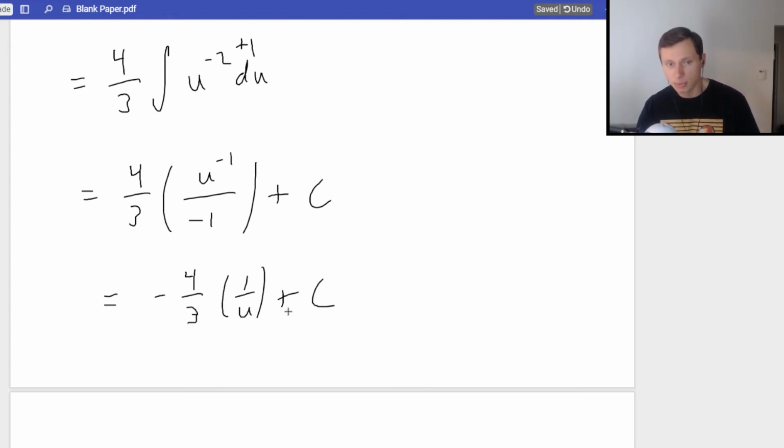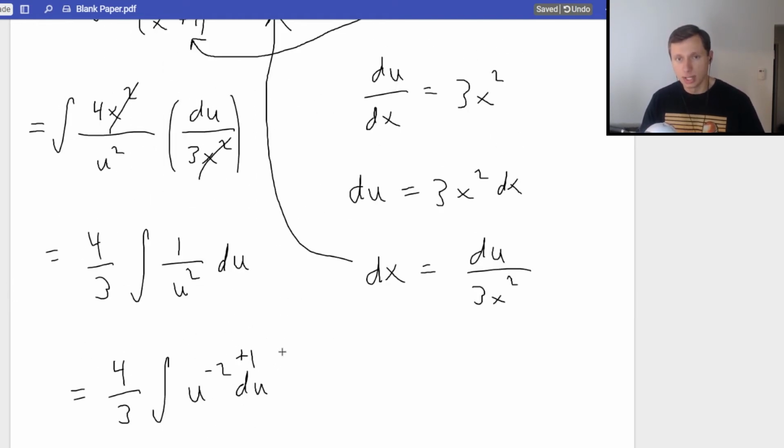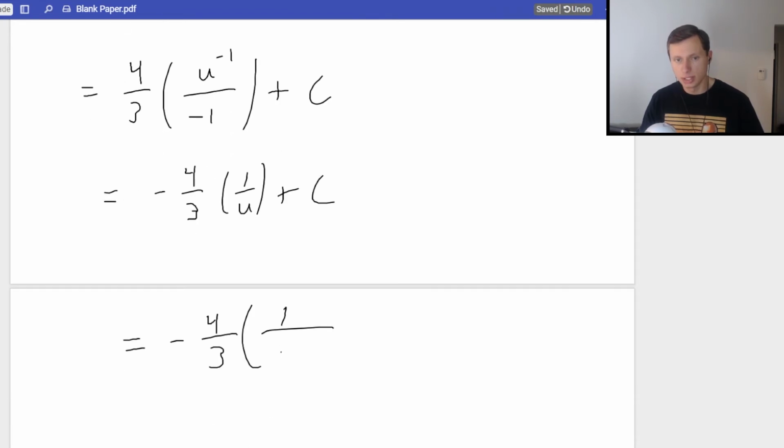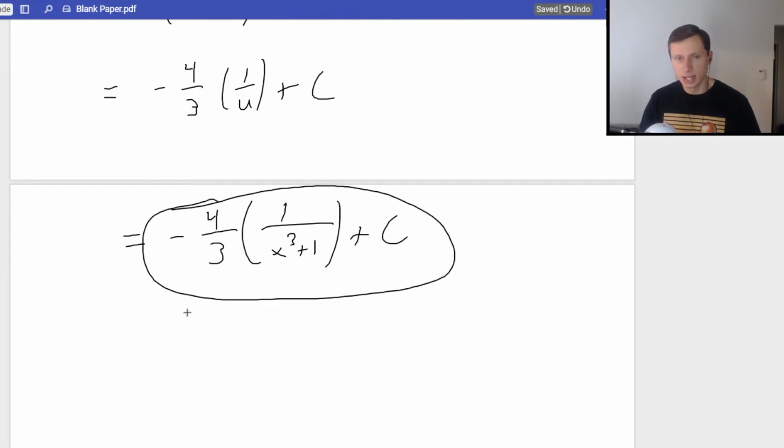And the last step, of course, is to say, what is u? U is going to equal x cubed plus 1, so there we go. We get a final answer of negative 4/3 times 1 over x cubed plus 1 plus c. And there we go.